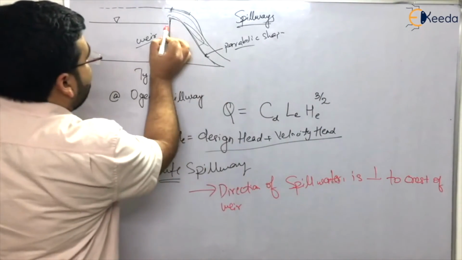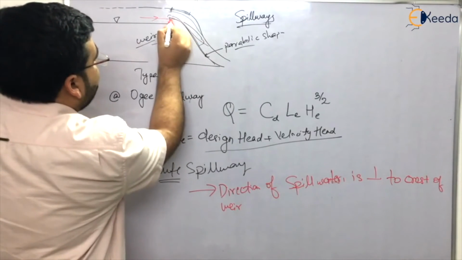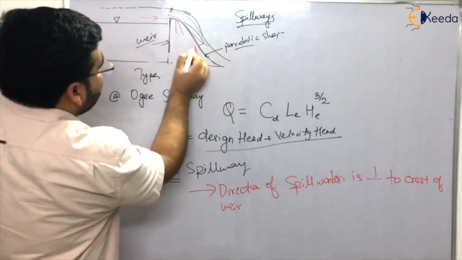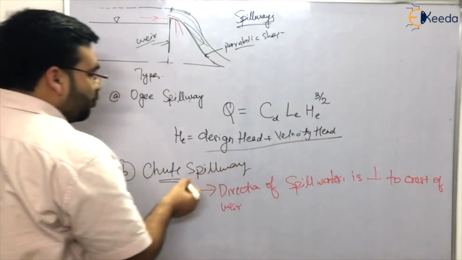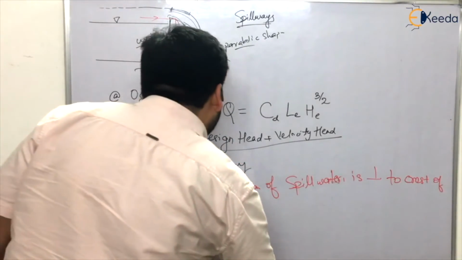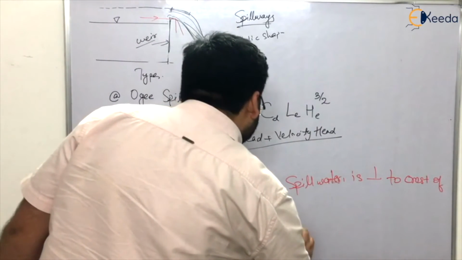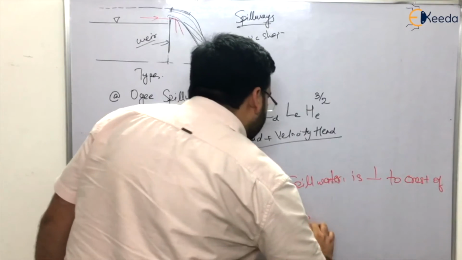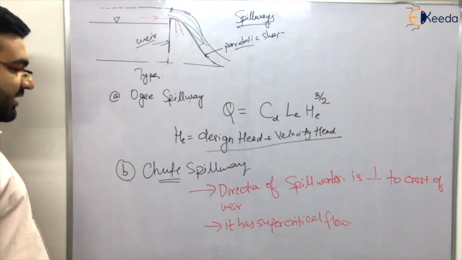So we have a chute spillway like this, with a steep downfall, because we have to maintain the supercritical flow.